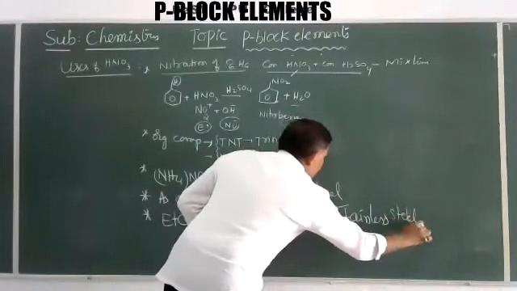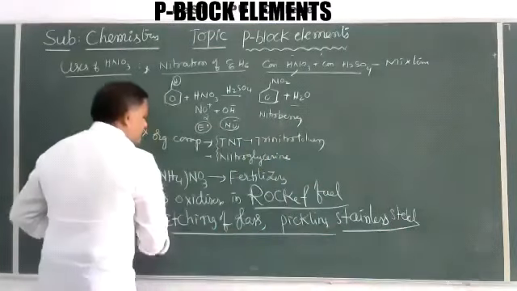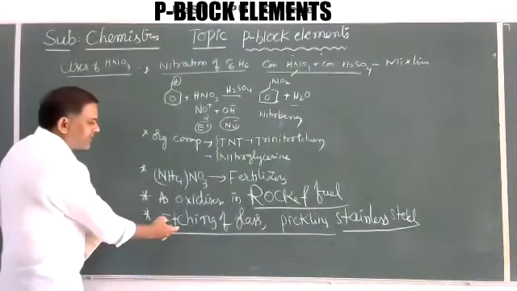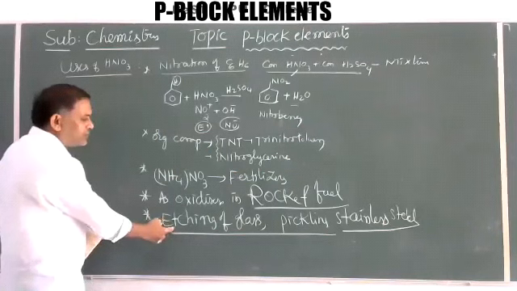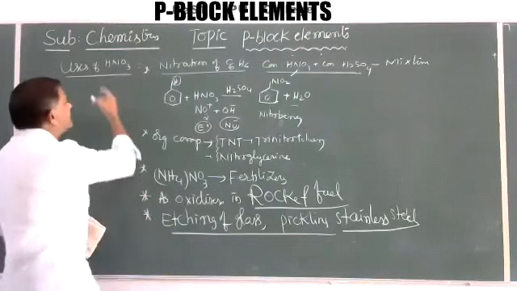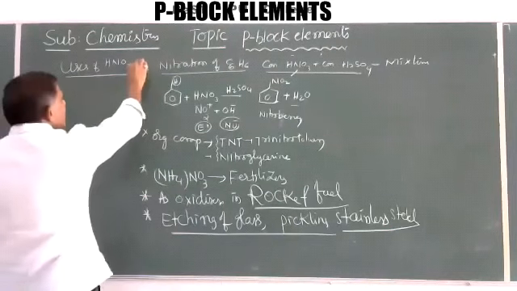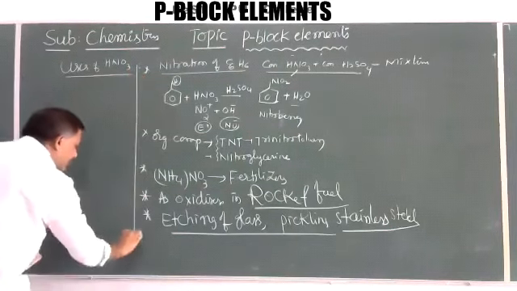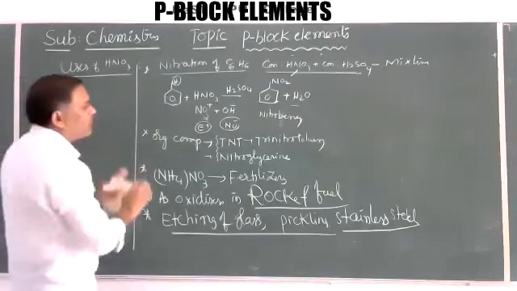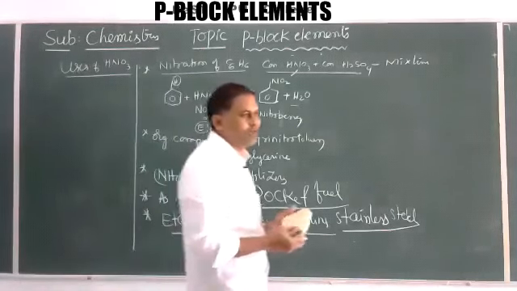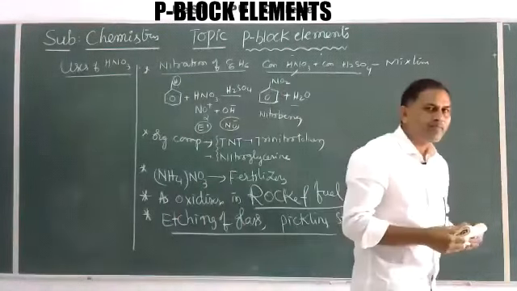These are some important uses. To clean glass apparatus, we can use concentrated HNO3. These are some important uses of HNO3. Better you read from the textbook and note down all these. A variety of uses are there.